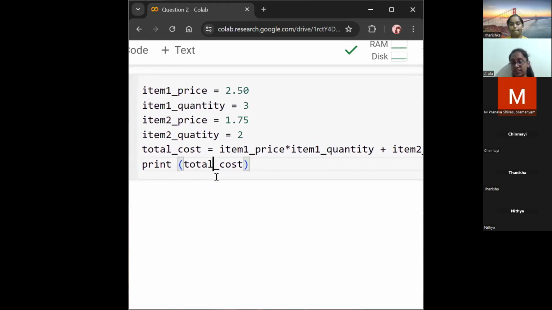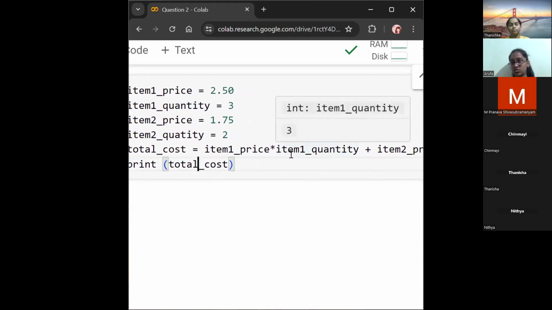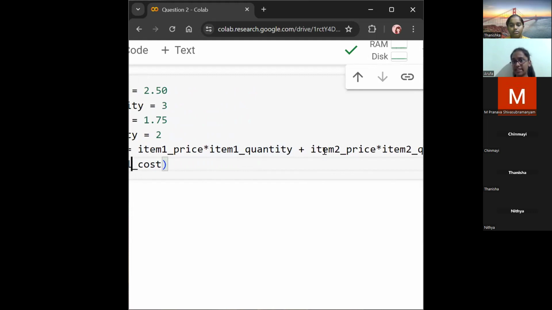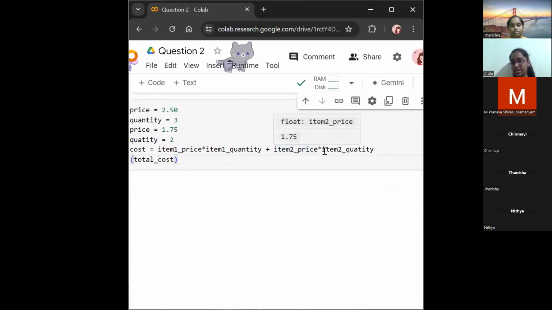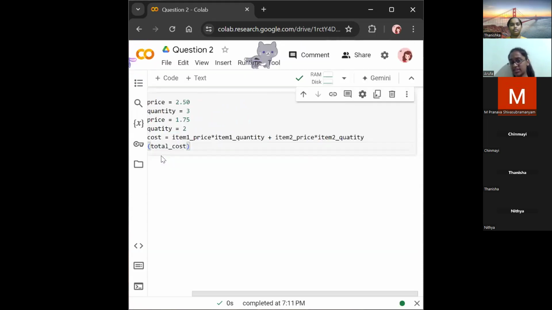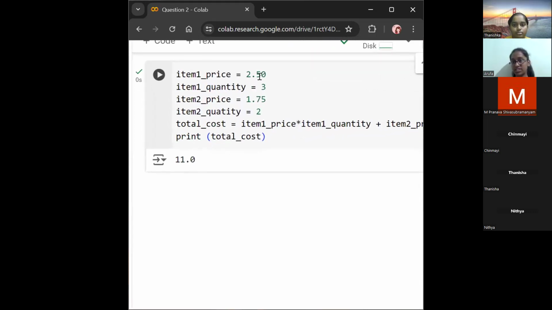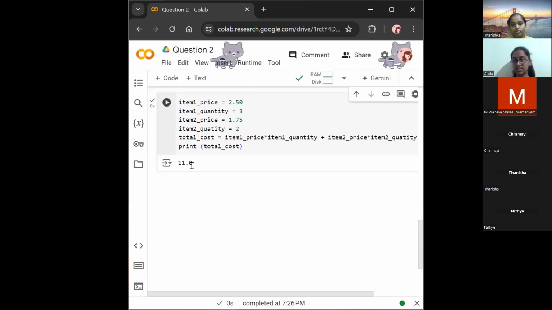So total cost equals 2.50 into 3, plus 1.75 into 2. At last we'll print total cost. When we run the code, we'll get the answer as 11.0, that is rupees 11.